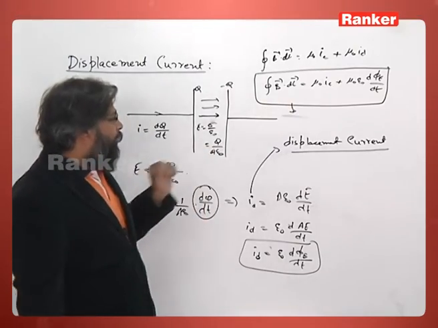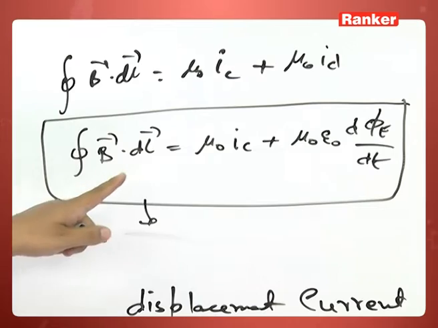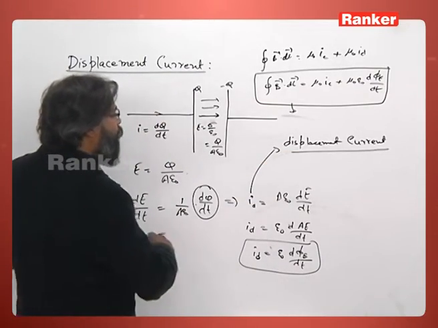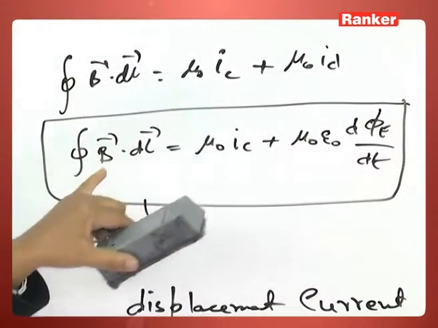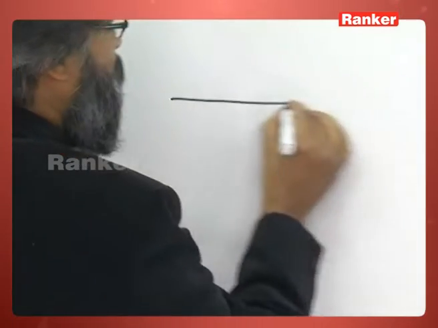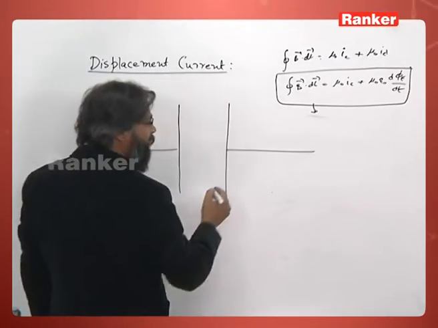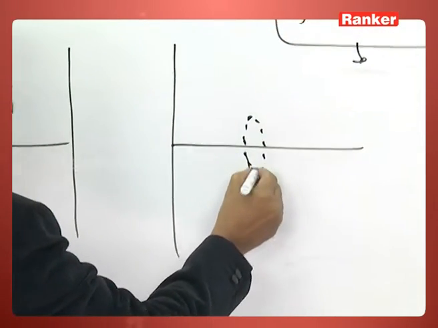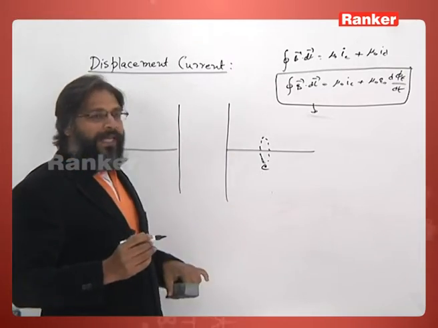Now with this addition, we can accommodate in Ampere's law the possibility of time varying fields. Let us see how. Now this is our charging capacitor. We want to know the magnetic field on this curve C, if we are interested to apply Ampere's law.